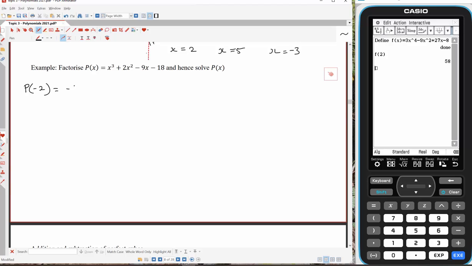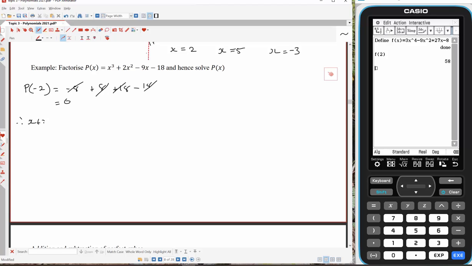Negative 2 equals negative 8 plus, that's going to be 4 plus 18, take 18. Ooh, hang on. That's 8. All right, so my mistake. So they cancel out and they cancel out, leaving us with 0.